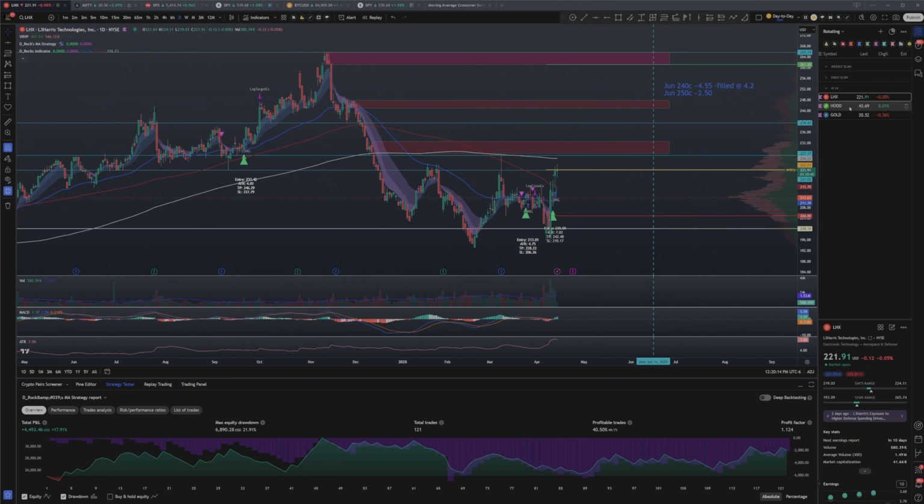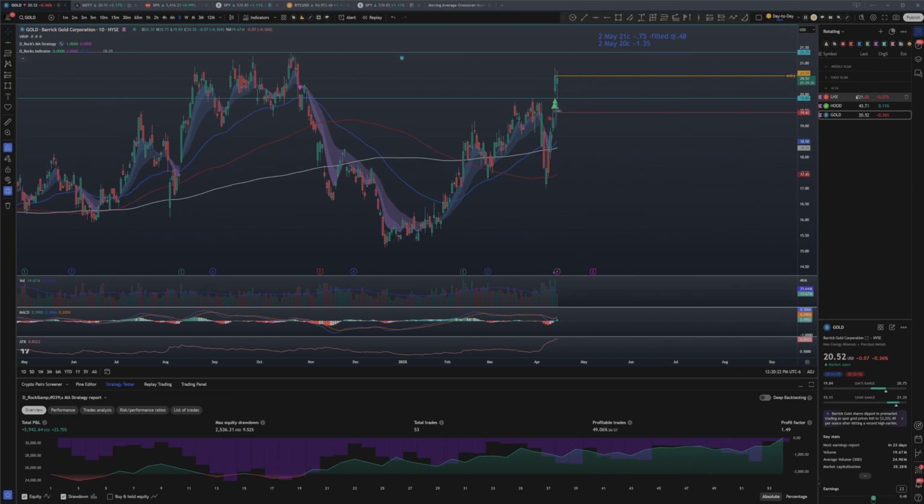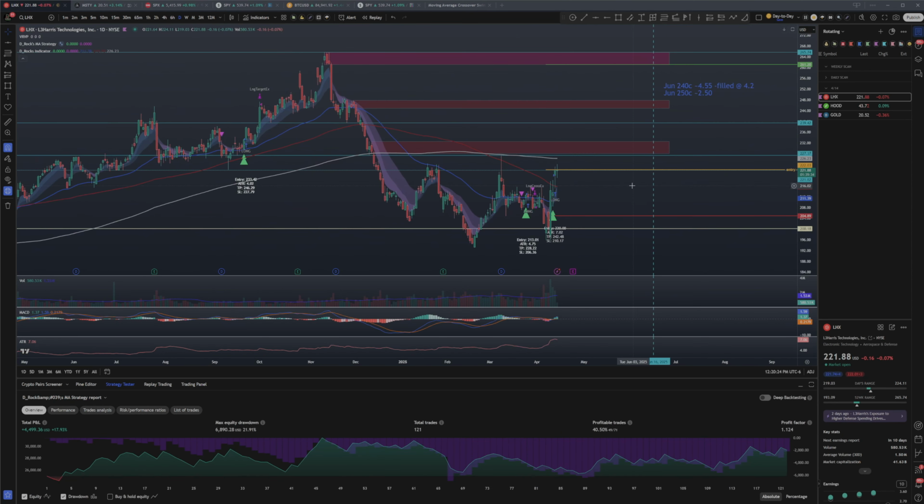I have these ones plotted out, and I actually have these positions on right now, and I will recap those later on when the time is right, when we get to our time or when the trade hits a target. So that's what you'll see from me.